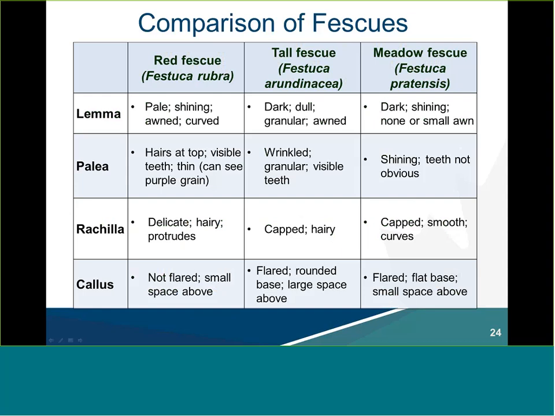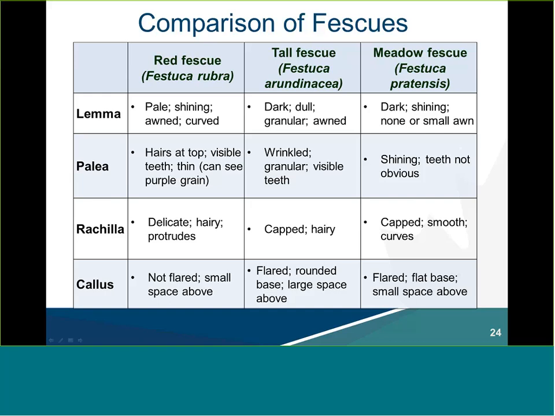Now, the thing I said about the lemma's red fescue, the color stands out when distinguishing red fescue from the other two. And there are some, such as sheep and hard, that definitely you folks will be exposed to over time.